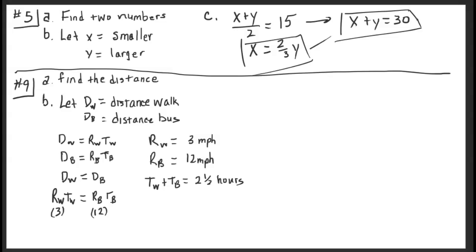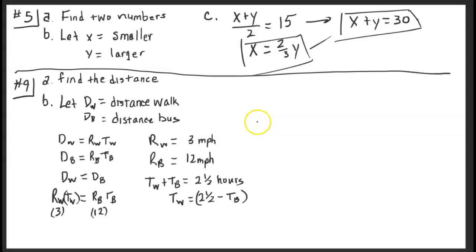Okay, so what could I do? Well, this equation right here, what if I were to rearrange it this way and say that the time walked equals the 2.5 total hours minus the time bus? Oh, well, that's interesting. I could substitute this for this right here.